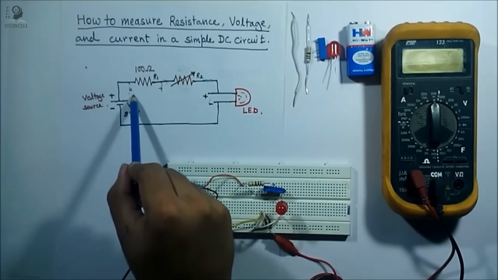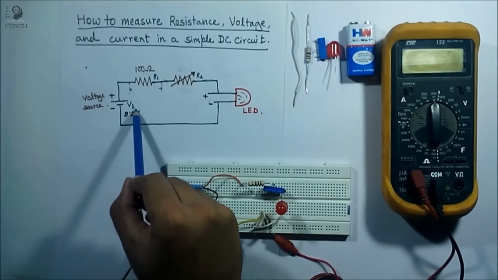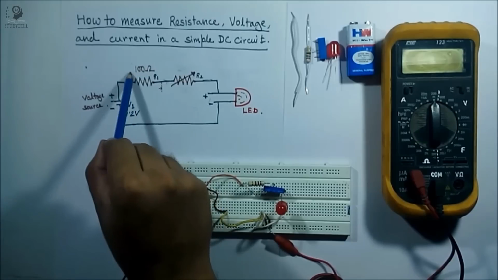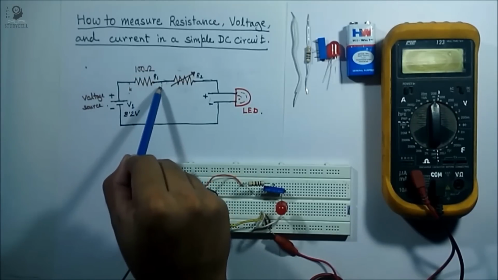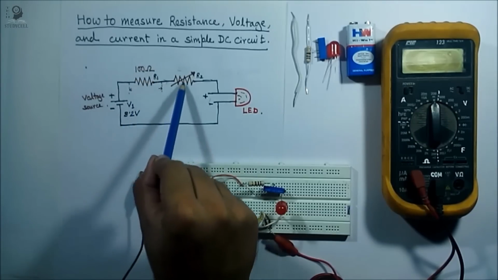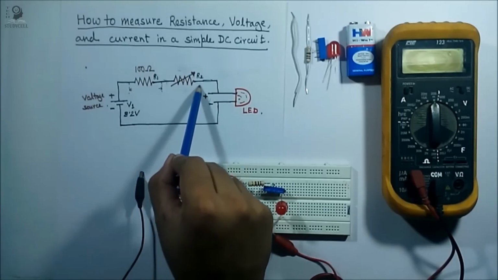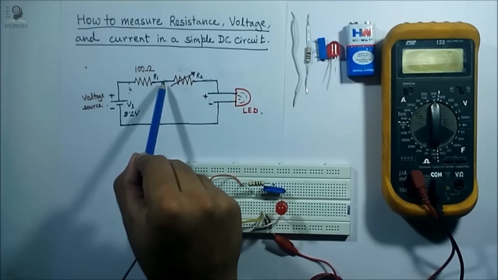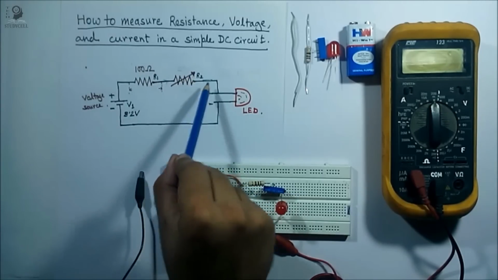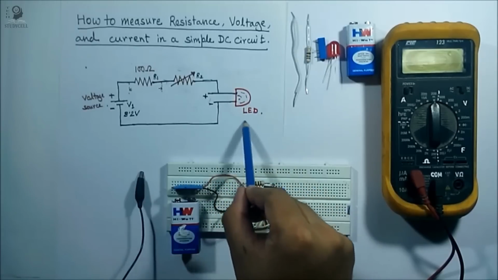In this circuit, this is a voltage source, this is a resistance R1 connected in series, whose value is 100 ohm, and this is a variable resistor connected in series with R1, which is R2, and here is an LED connected as a load.